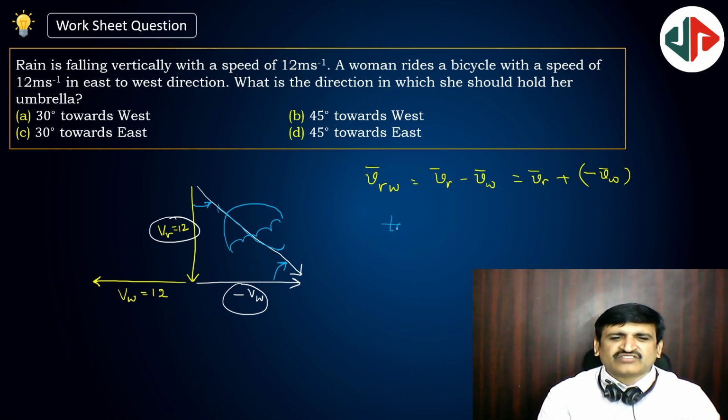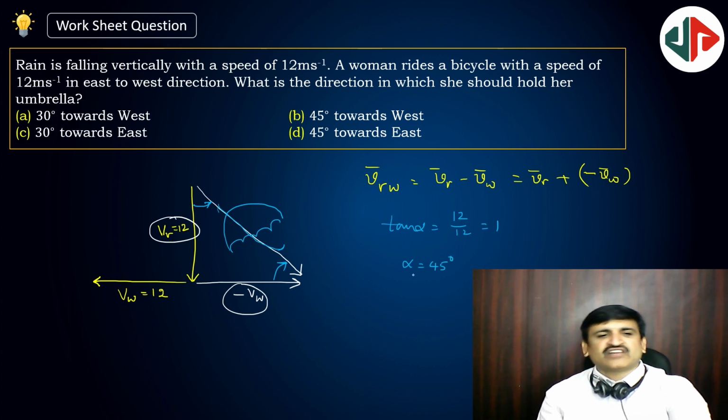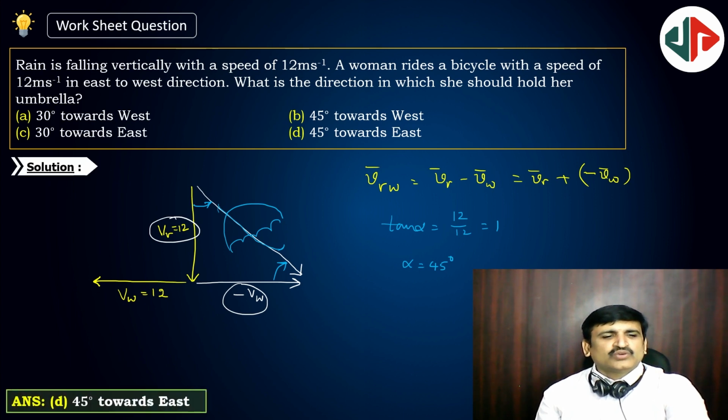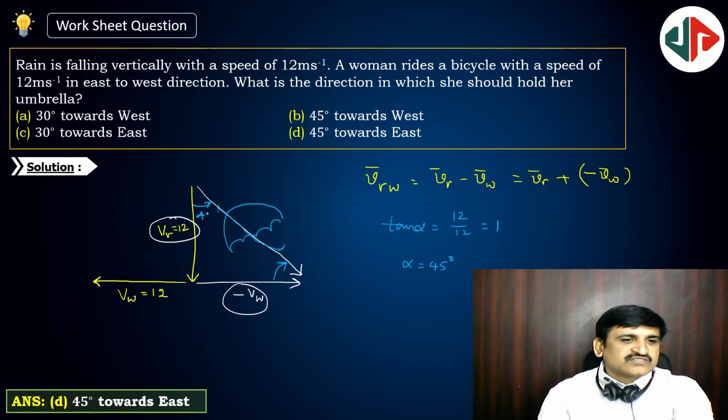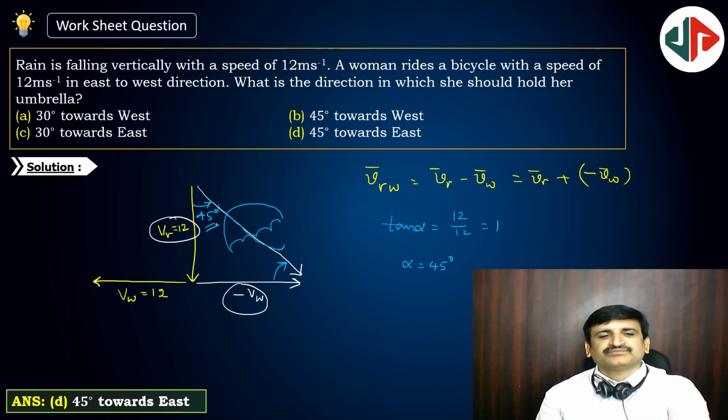Okay, tan alpha is equal to 12 by 12, which will be 1. So alpha is equal to 45 degrees with the horizontal, or 45 degrees towards east. This one he has mentioned. Yes.